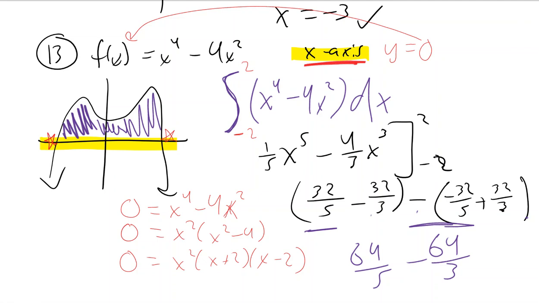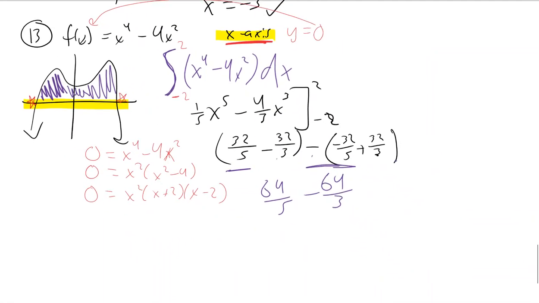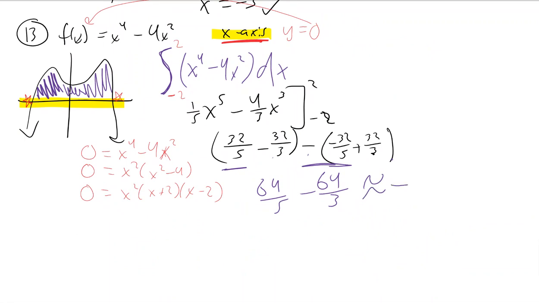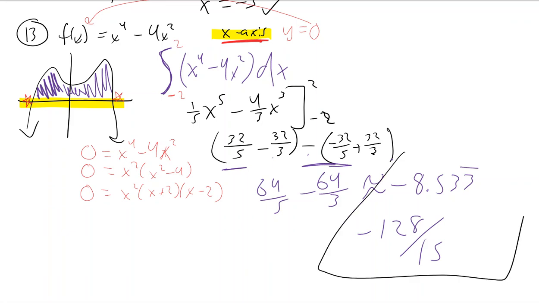And I'm just going to finish it off with the calculator here, but as a decimal, remember always 3 decimal places, or you could do math enter to change that to a nice looking fraction.